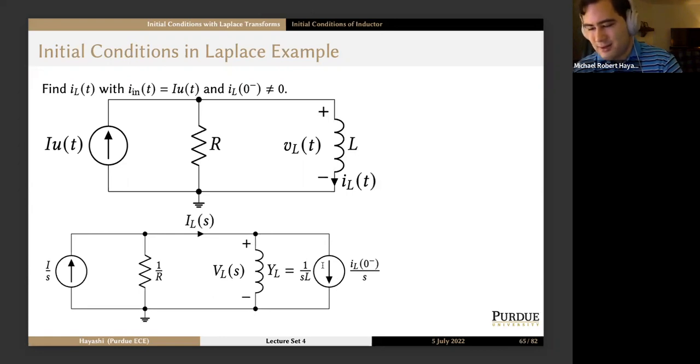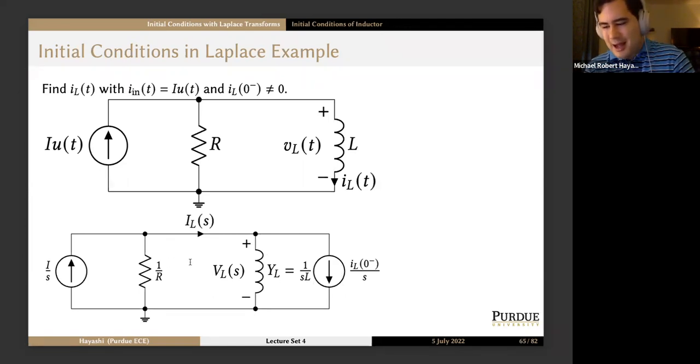So first of all, we need to find the current that goes through the inductive admittance, basically the current that just goes through the curly Y sub L. So from I in, we turn off the other source, so this just becomes an open circuit on the right.